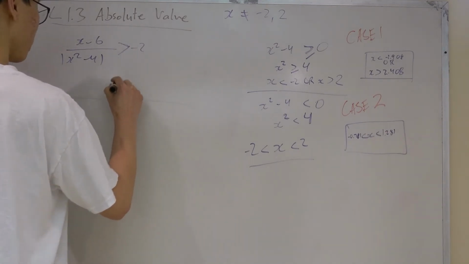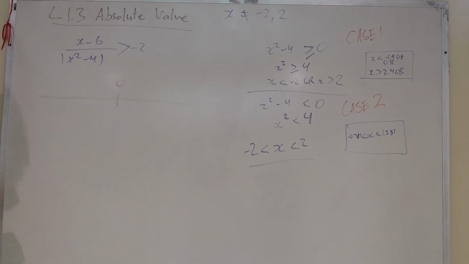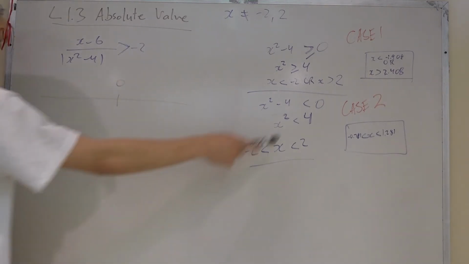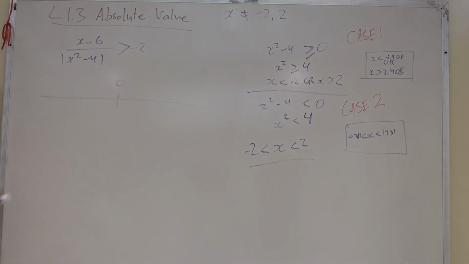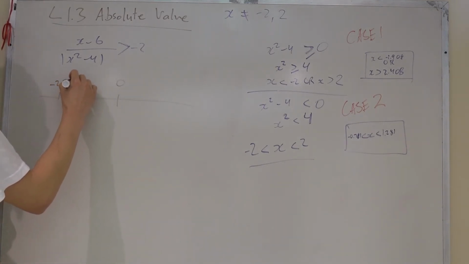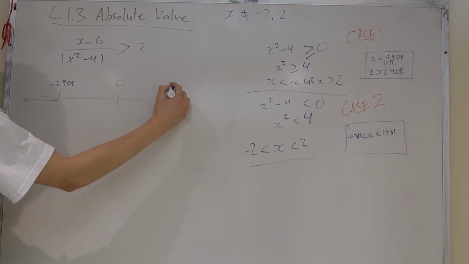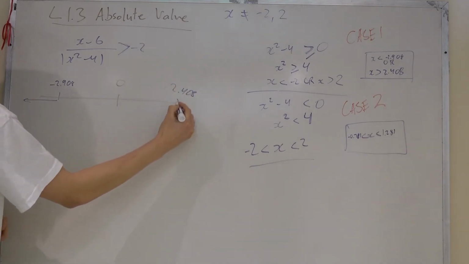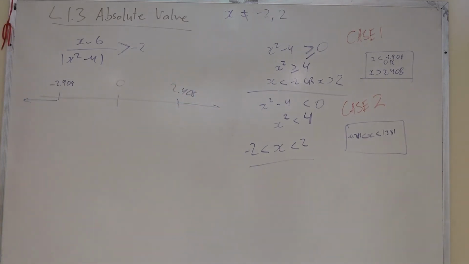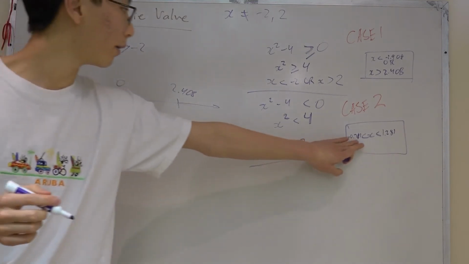Okay. All right, so here's 0. We're going to graph the first one in purple. So this says, let's get negative 2.908 here. So we need solutions that are all here and solutions that are all here. So we want all these values of x. Another value of x that we need is found in here.